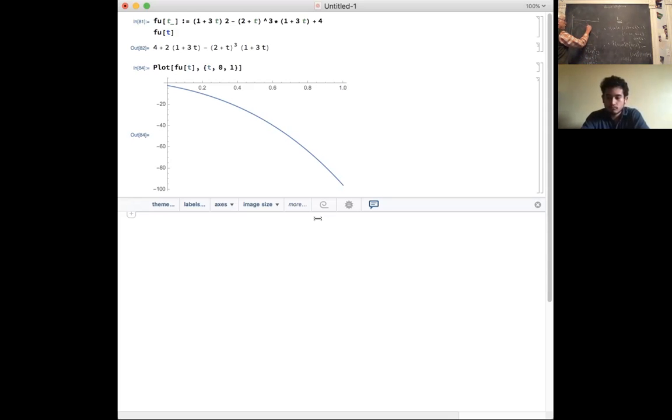This is the function f of u of t, or u1 I called it. And so t equals 0 will give you the maximum point. And we need to find what point that is actually. So t equals 0 will yield the max.